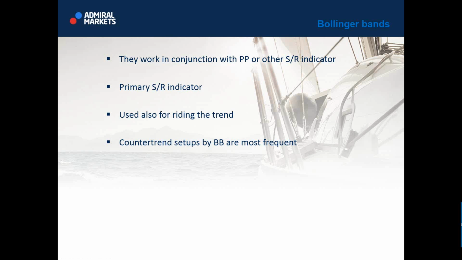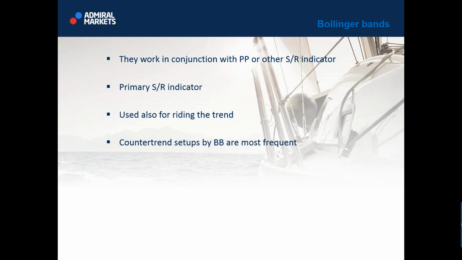Now Bollinger Bands work usually in conjunction with pivot points or other support and resistance indicators such as the 100 EMA or 200 EMA. Their primary role is as a support and resistance indicator.